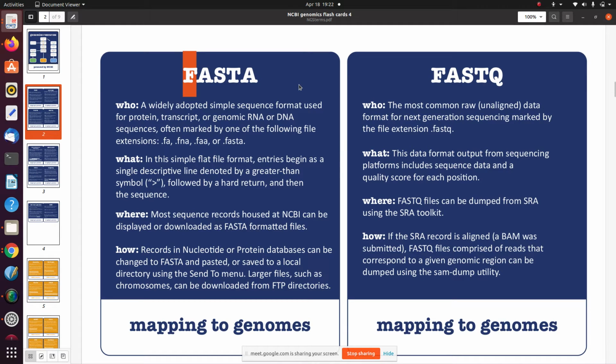A widely adopted sequence format used for protein, transcript, or genomic RNA or DNA sequences, often marked by one of the following file extensions: .fa, .fna, .faa, or .fasta. In the simple flat file format, entries begin with a single descriptive line denoted by a greater than symbol, followed by a hard return, and then the sequence.